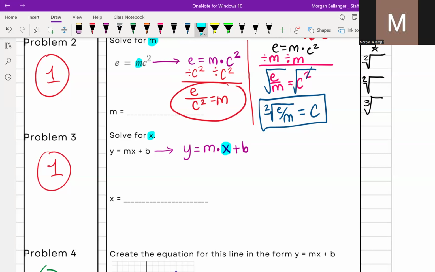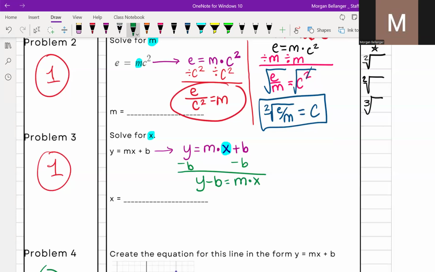So remember in the "don't call me after midnight," addition and subtraction comes before multiplication and division. So that means we have to do our addition and subtraction first. So I'm going to do the opposite of adding b and subtract b instead. So I have y minus b is equal to m times x.